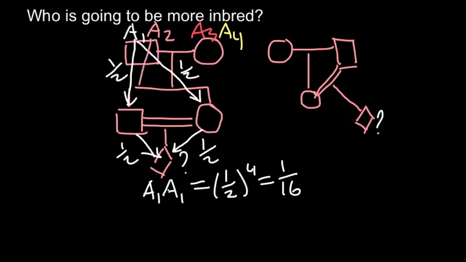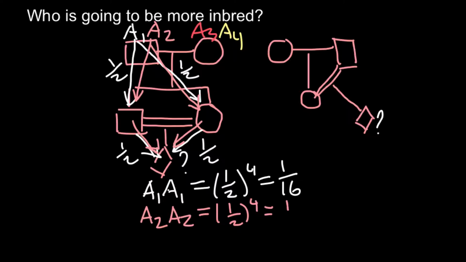And we would have about the same picture for how this A2 allele can be inherited, and the probability would also be the same. So this individual may be homozygous for the A2 allele, which he can get from both father side and mother side, and the probability would be 1/16.